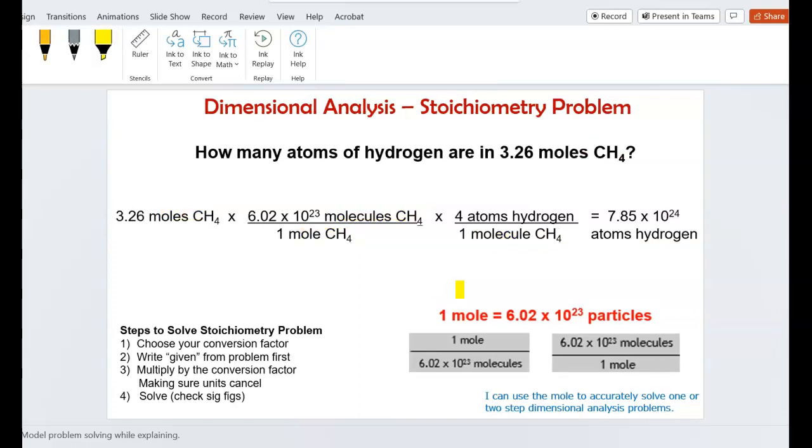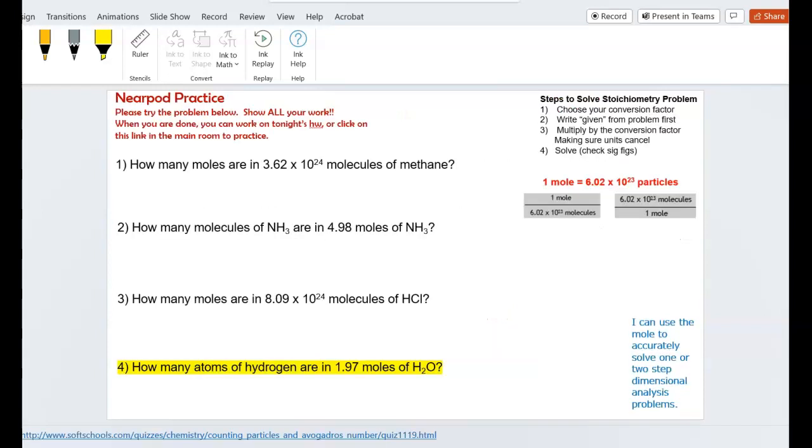Here's one more. So how many atoms of hydrogen are in moles of methane? Right. So we're going to start off the same. And this time I know for every 1 molecule of methane, there's 4 hydrogens in there. And so we're going to use that as a conversion factor as well right here. And that is it. So if you would like to, I have this slide here.